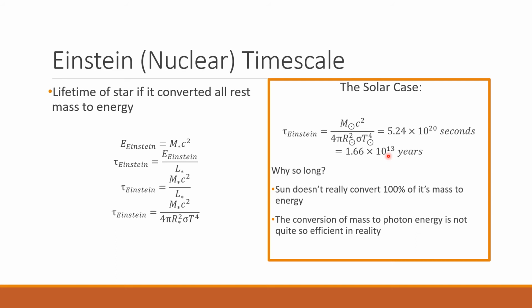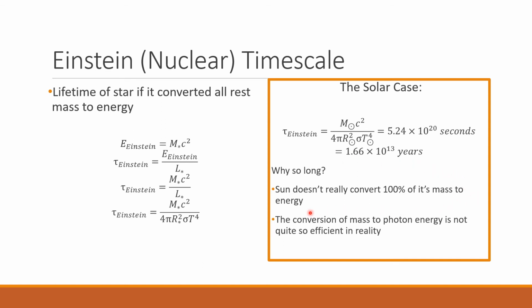What is it? Well, two things. We're making a big approximation to begin with and stating that this E equals mc squared is all getting radiated out, right? In truth, the sun is not going to convert 100% of its mass to energy. It's going to convert a small fraction of that. So we're down by several factors there.